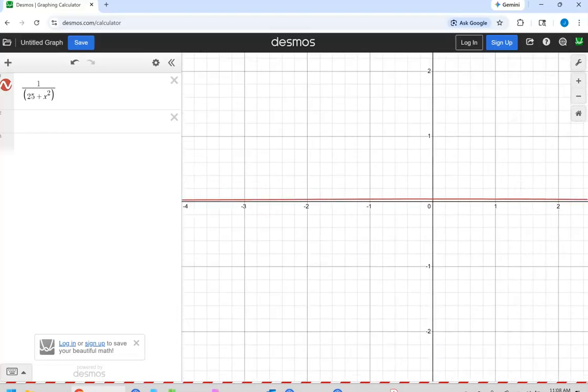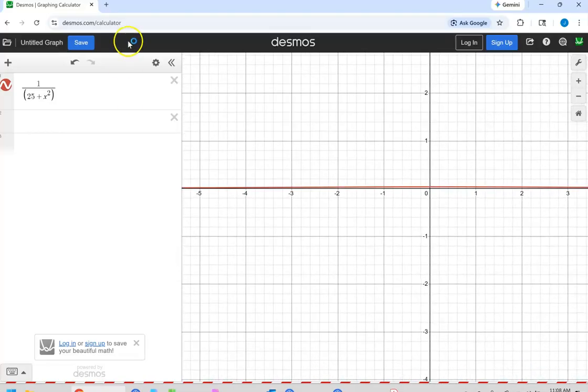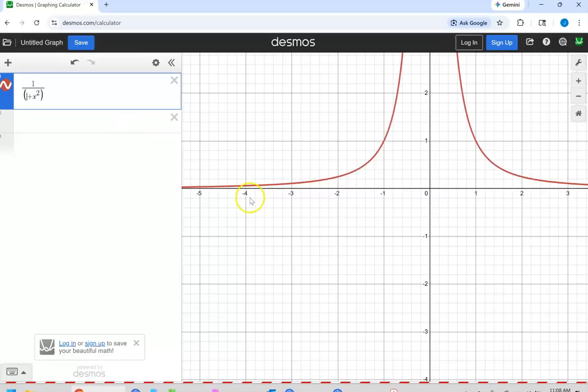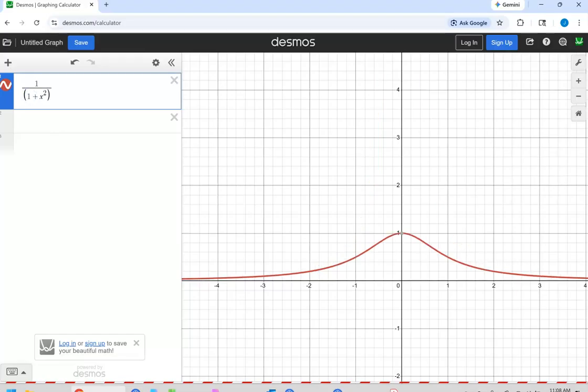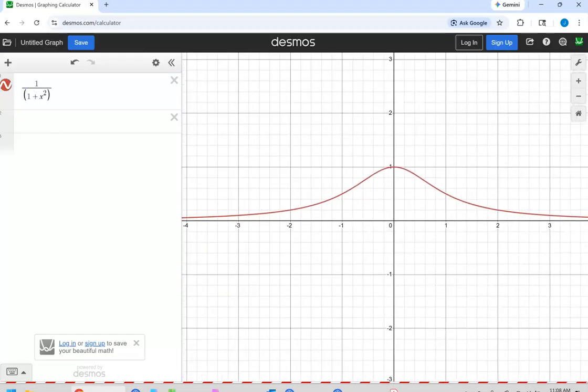I'm going to change the 25 to a 1 so you can see it a little bit better. There it is. Well, maybe. I didn't actually type a 1. There we go. Now we can see it a little better. I've got to change the scale a little. It looks like that, doesn't it? The other one was just really flat since I had the 25 in the denominator.